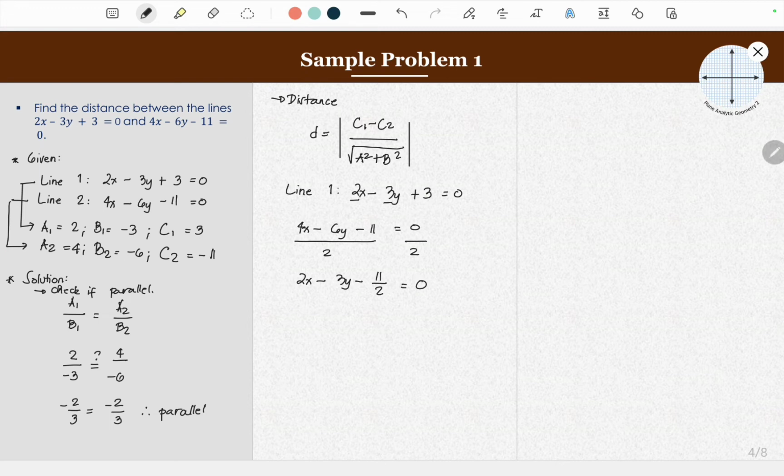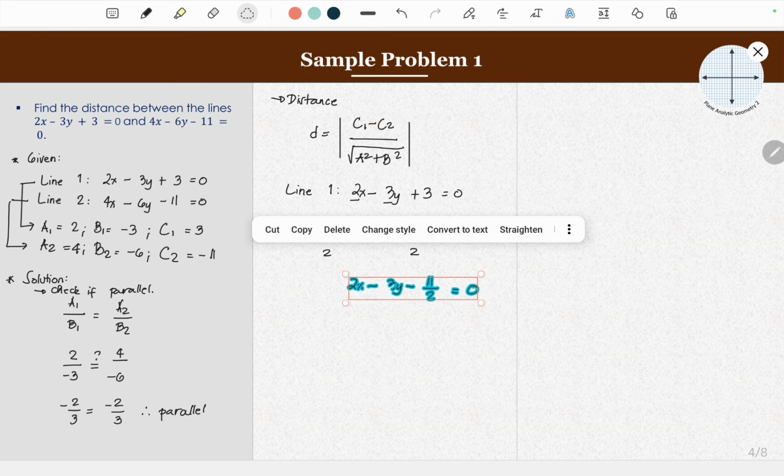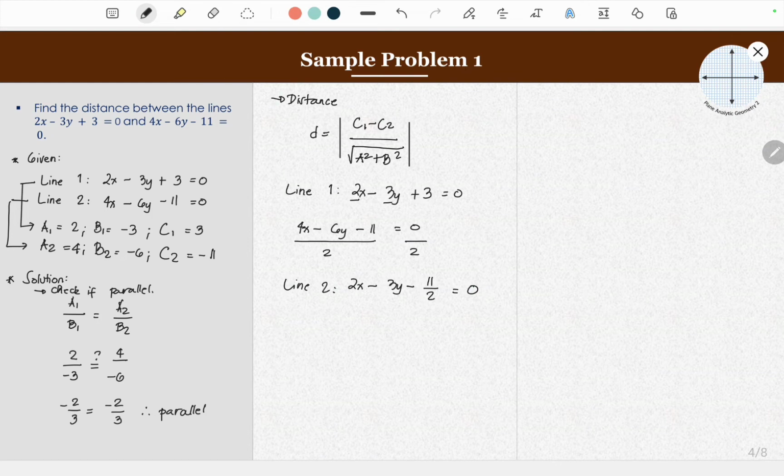So this is line 2. They have the same A, both positive 2. They have the same B, which is negative 3.